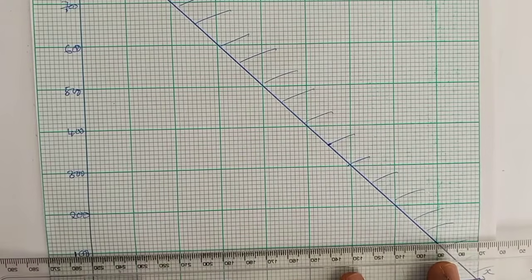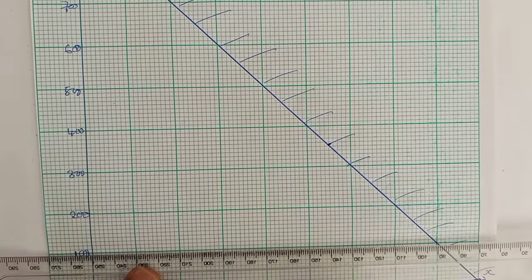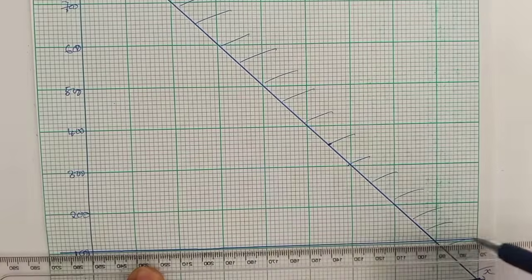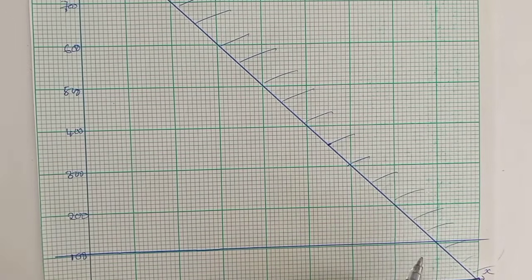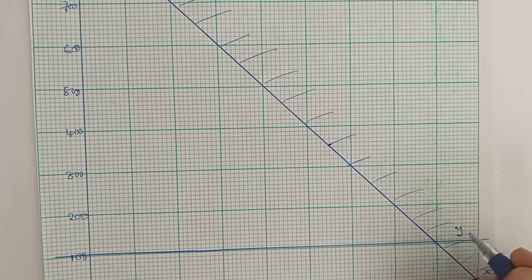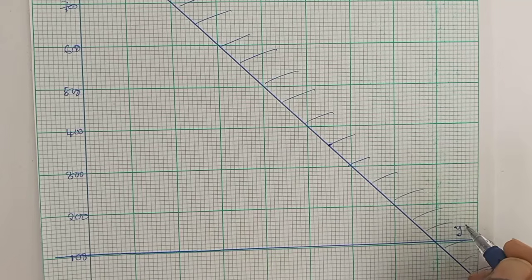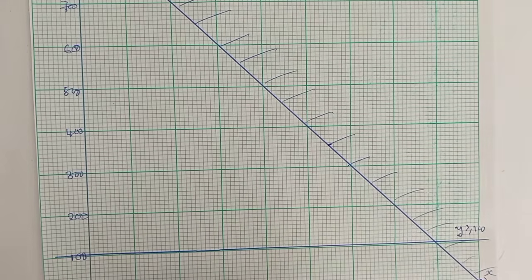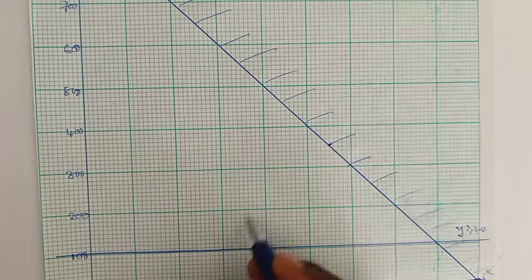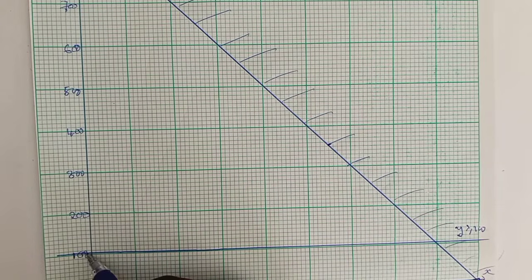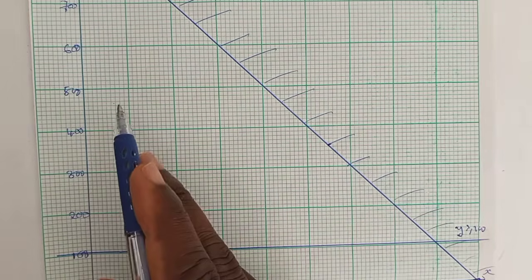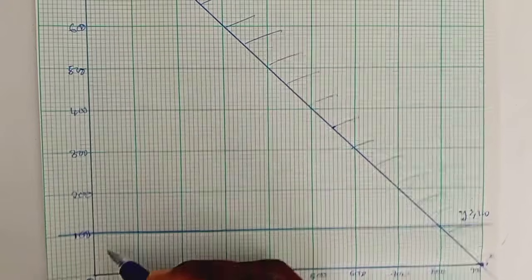You make a straight line passing at 100 on the y-axis. Actually, it's very important to be indicating. So this is y is greater than or equal to 100. Greater is the top part. If you can see the numbers, this is 100, 200, so it's greater going up. Going down, we have a 0 right here.